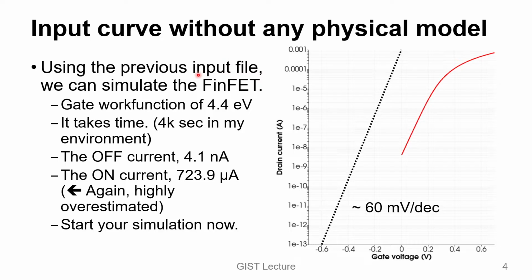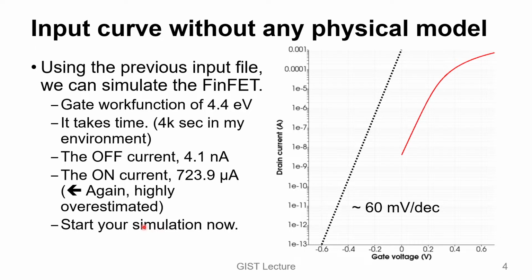In this case, gate work function is set to be 4.4 electron volts, and from my own experience, it takes slightly more than 1 hour in my workstation environment, and it may vary in your own workstation. So please start your simulation now.